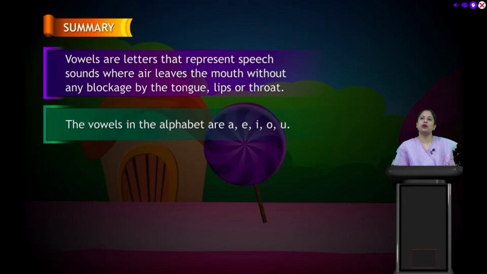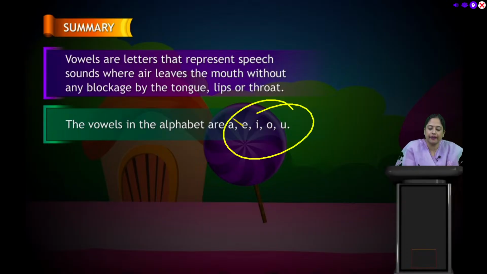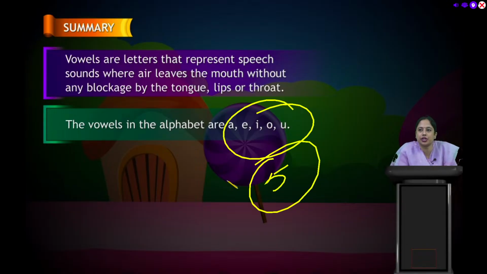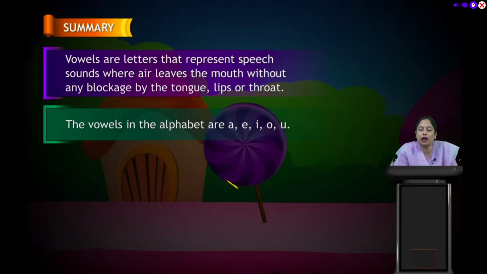Now that brings us to a conclusion that vowels are letters that represent speech sounds where air leaves the mouth without any blockage by the tongue, lips or throat. There are 26 letters in the English alphabet, and out of those 26 letters, 21 are consonant sounds and 5 are vowel sounds, which are A, E, I, O, U. When we produce the vowel sound A, E, I, O, U, there is no mouth movement.